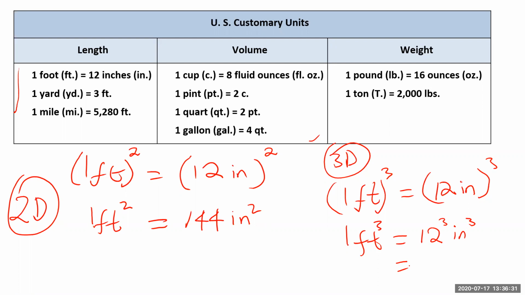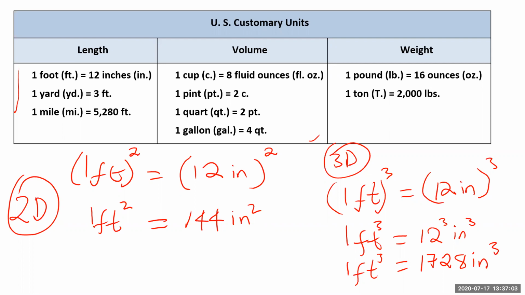So 12 cubed will be 1728 inch cubed. So therefore you say that 1 cubic foot is 1728 inch cubed. Is that okay? So we're going to transform these into square units and cubic units. So that is basically 2-dimensional and 3-dimensional. And you can do the same for all the others, right?